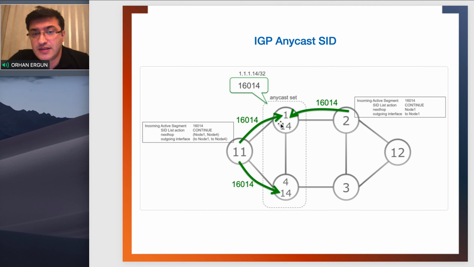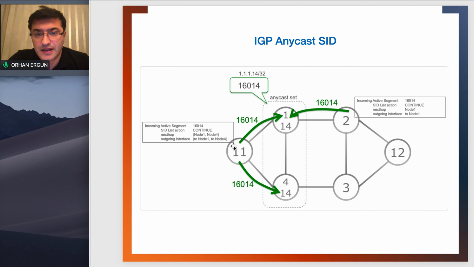Then 16,014, let's say IP address 14, is the anycast SID. What are you assigning it for? Basically for doing ECMP load balancing. You see here? That's the idea.